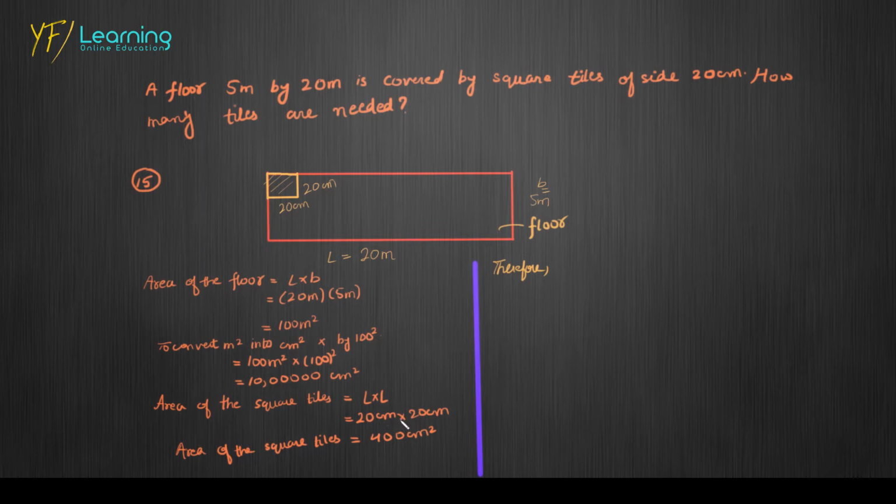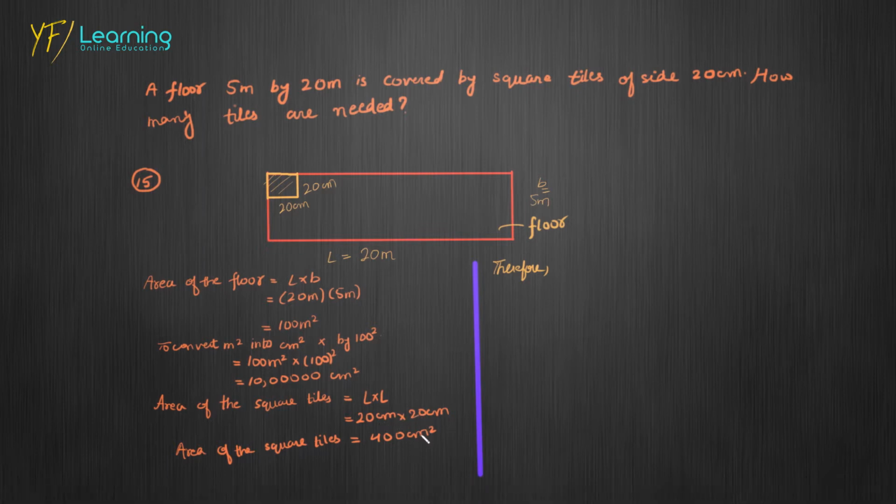Now find the area of the tile. Because it is a square, the area formula is length times length. 20 centimeter times 20 centimeter is 400 centimeter square. Now we have to calculate the number of tiles needed.